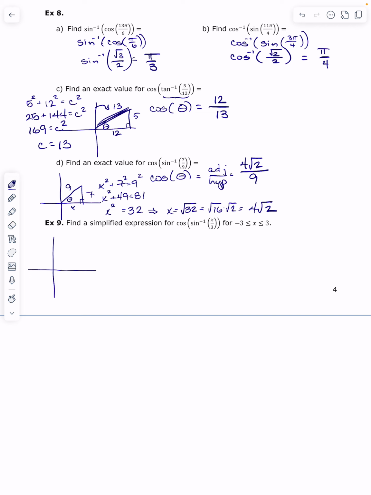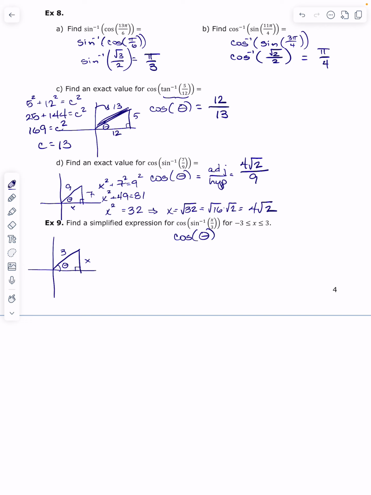Okay, so sine is opposite over hypotenuse. Here's my hypotenuse. Here's my opposite side. Here's my theta. Sketchy part is now I have an x involved in this. So I want the cosine of theta.